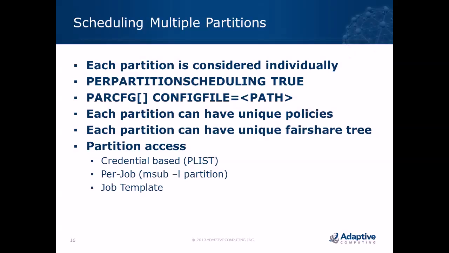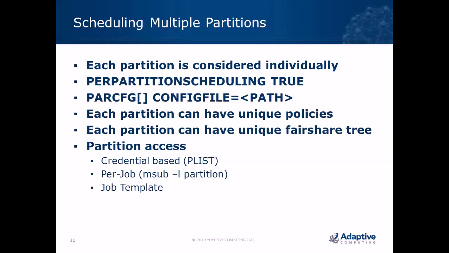So here I wanted to talk about some of their lesser known qualities. Because a node cannot belong to more than one partition at a time, you can start doing some interesting things with partitions. We have some sites who turn on this parameter called per partition scheduling. Per partition scheduling tells Moab to basically reorder the queue using a different policy set for every partition in the system.